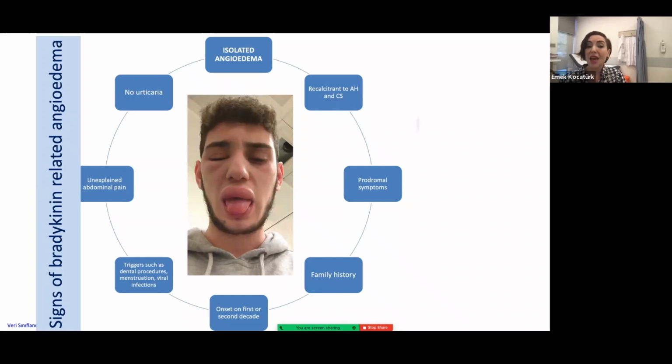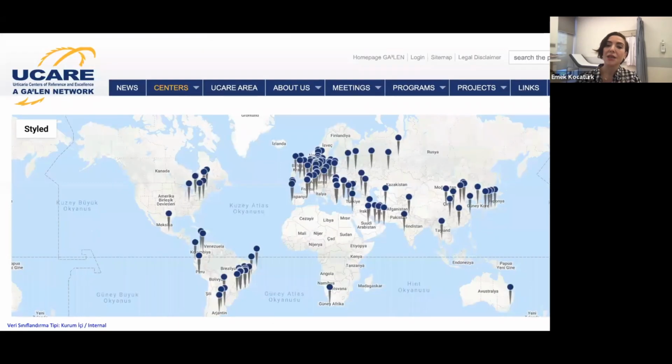And the patient may have triggering factors such as dental procedures, menstruation, viral infections, and they may have unexplained abdominal pain attacks, and of course no urticaria. Then we must suspect in these patients the possibility of bradykinin-related angioedema, and so we need to order C1 esterase inhibitor function and also levels, or if we can't find these, we have to order C4 for excluding bradykinin-mediated angioedema.